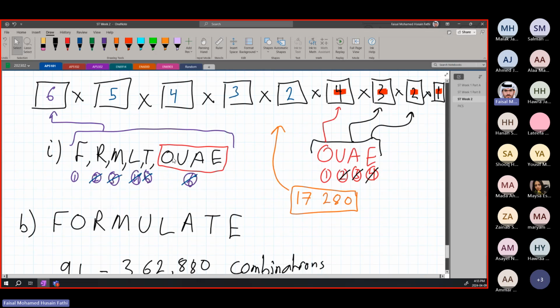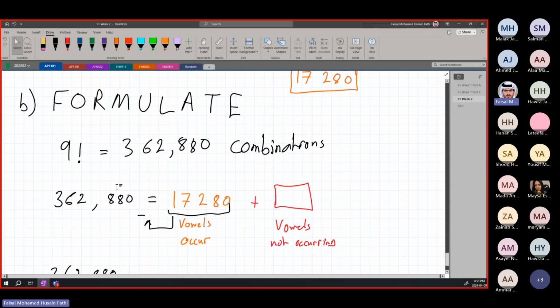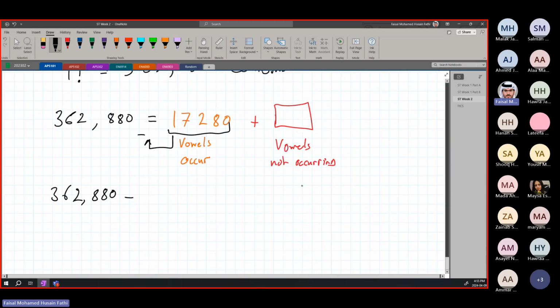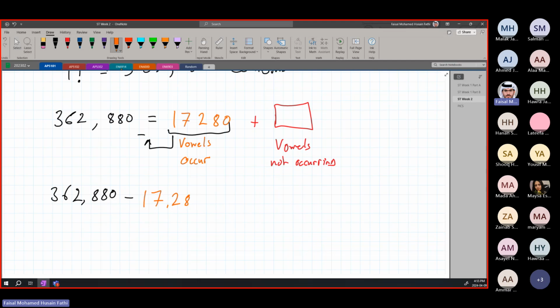So how are we going to have them not ordered next to each other? It is going to be the remaining different ways that we have. So we are finding the total possible ways of ordering this, and then we are removing the number of ways the vowels can occur together to find the number of ways the vowels do not occur together. So it's going to be minus 17,280.